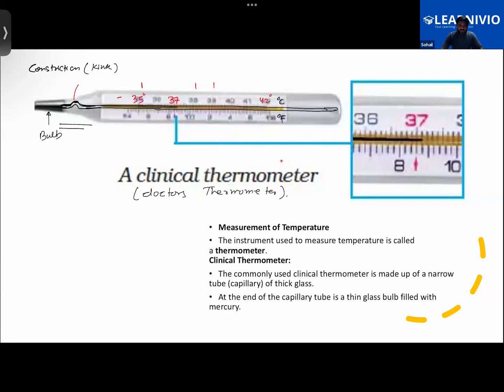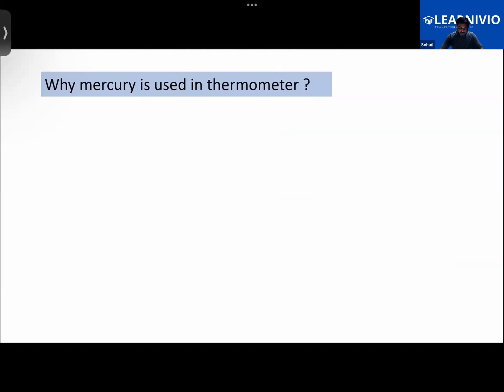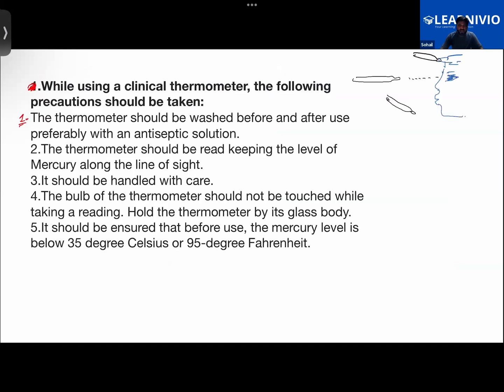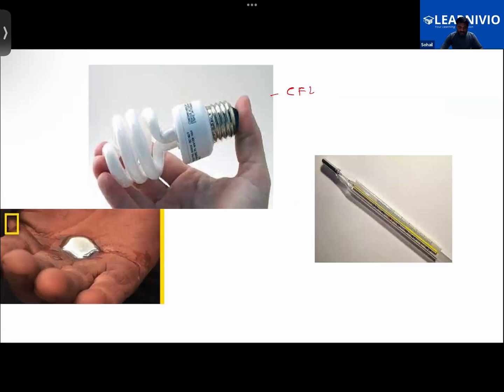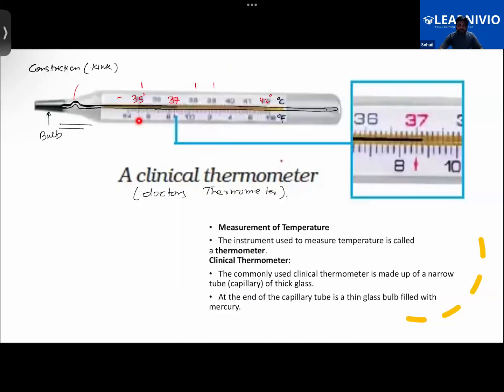Before using the clinical thermometer, first wash it with an antiseptic solution. Ensure the mercury level in the tube is at or below the 35 degrees Celsius mark, because otherwise you will get an incorrect reading.